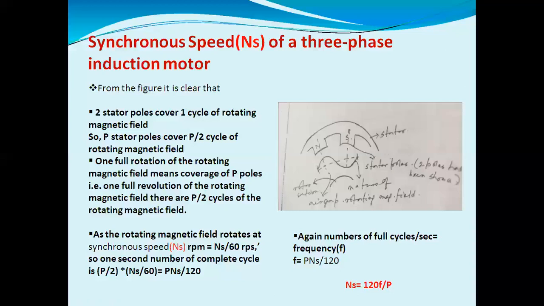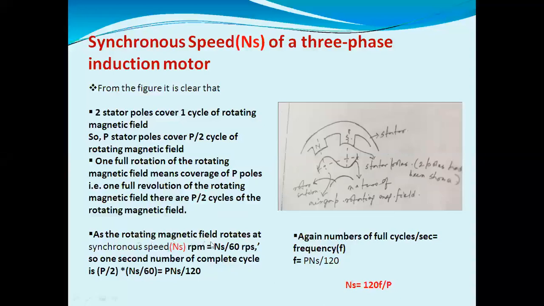One full revolution of the rotating magnetic field means it will cover all the p poles. It is clear that one complete cycle requires two poles, so with p stator poles there are p by 2 cycles of the rotating magnetic field in one complete revolution.